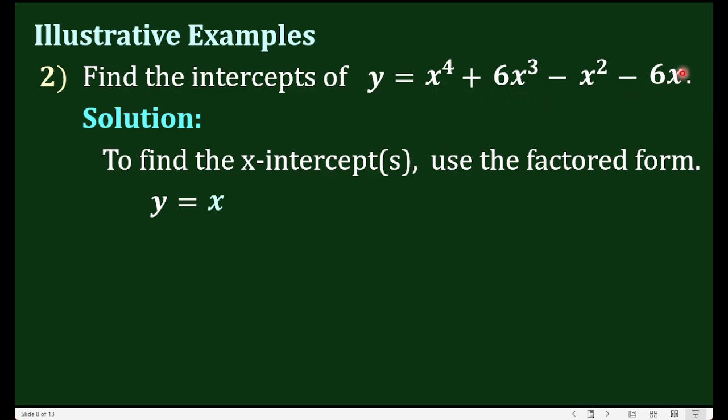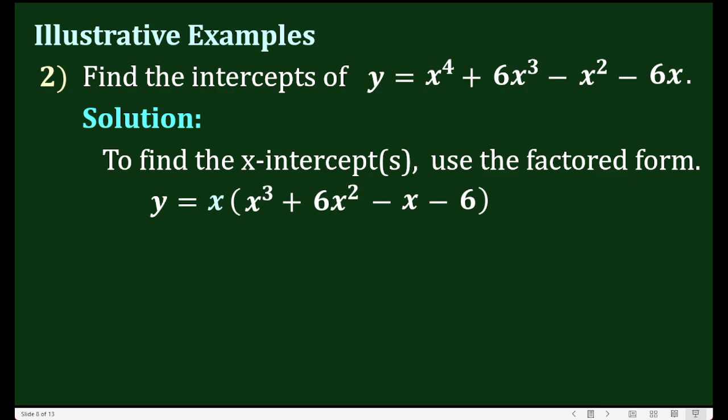So the polynomial part will become x multiplied by the quantity, the expression that is left after we factor out x: x cubed, which is the result of dividing x to the 4th by x, plus 6x cubed divided by x, that is 6x squared, minus x squared divided by x, that is x, minus 6x divided by x is equal to 6.